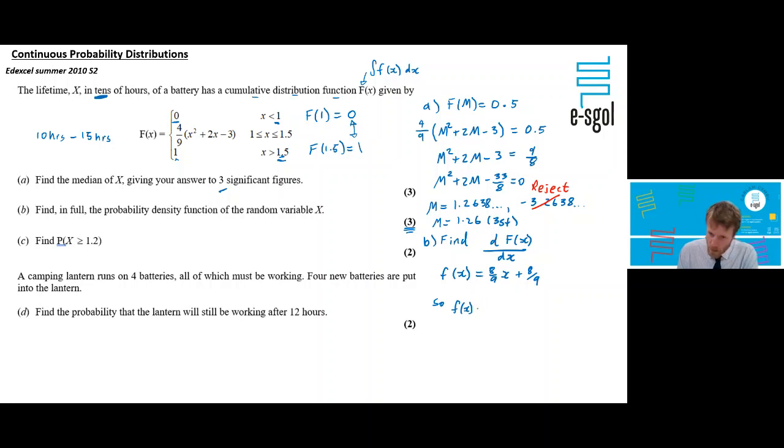So f of x equals 8/9 x plus 8/9 for all the values between 1 and 1.5, and then the probability density function will drop to 0 for everything else. So 0 otherwise.